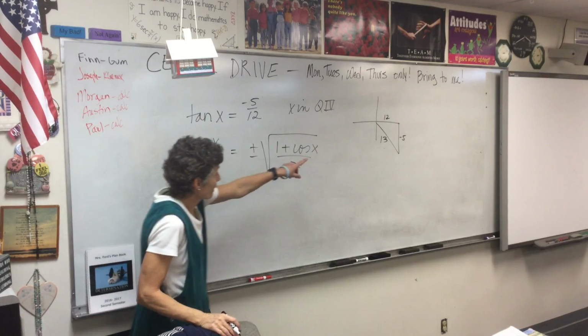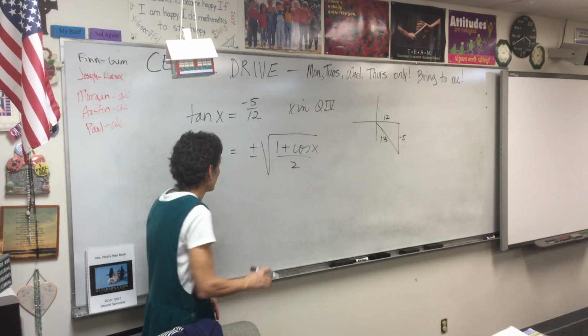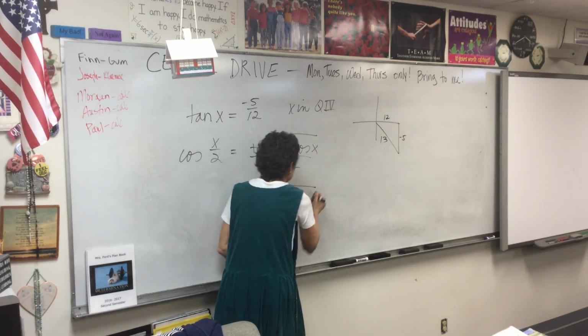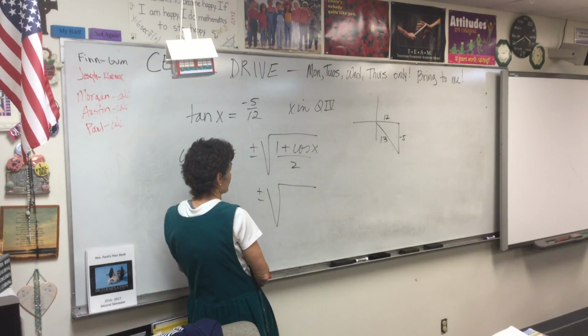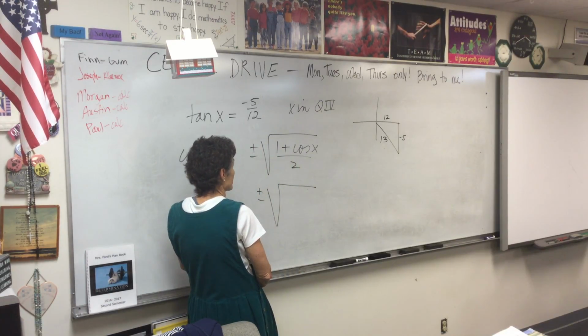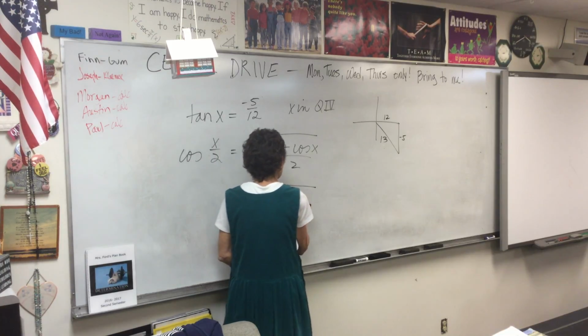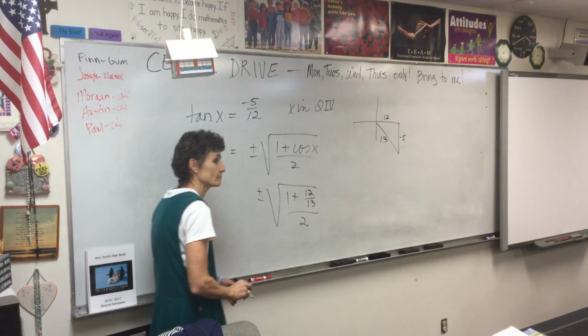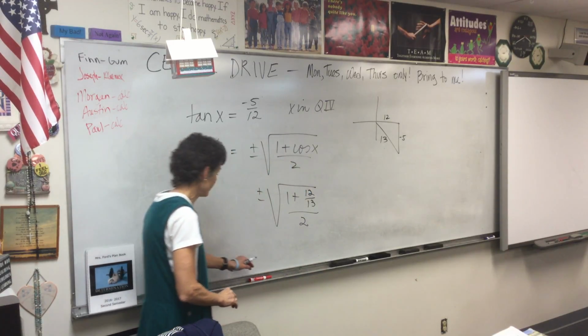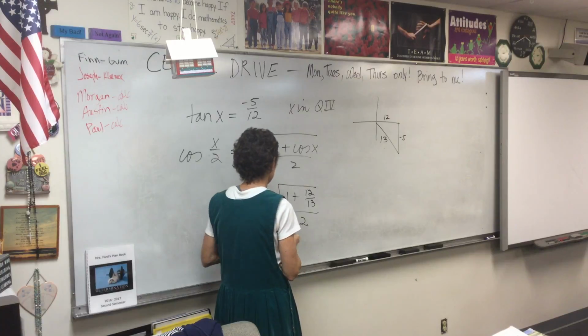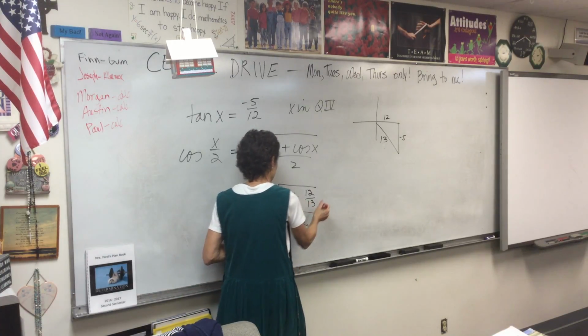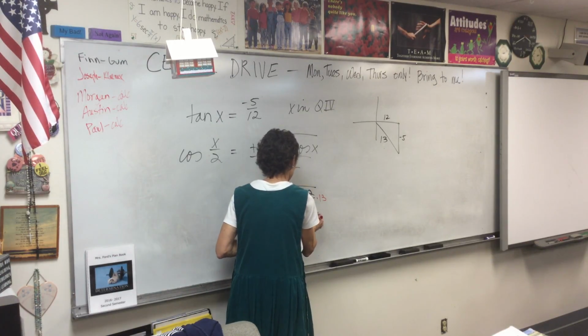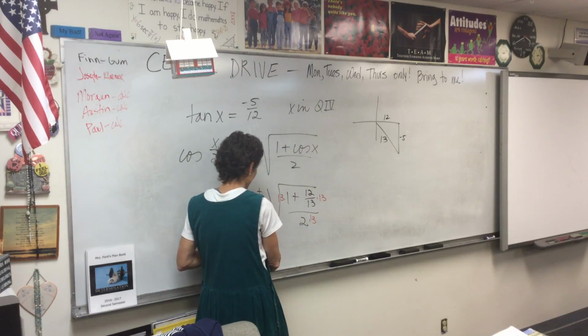So now I'm going to figure out what the cosine is from my picture. So the cosine is what? That's 12. What's the cosine? 12 over 13. So 1 plus 12 over 13, all over 2. Instead of over 13, you know what I'm gonna do, times it all by 13. I'm so predictable, I'm gonna do it the same way every time.